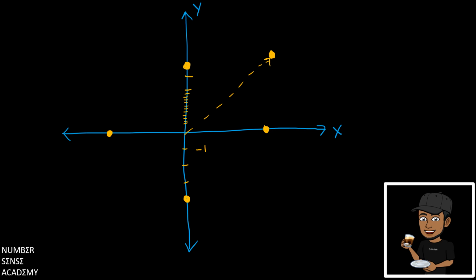Maybe this point is -1.999783, not quite 2. Maybe this point is -3.00048786. Maybe this point is bang on -4, or this is -5.12. Who knows? These are all real numbers, and this happens anywhere in this plane. Typically we work in whole numbers, but in reality, we could have any value.